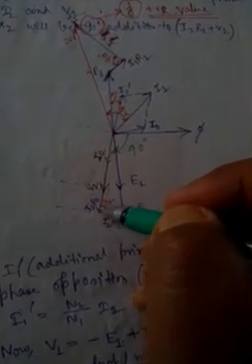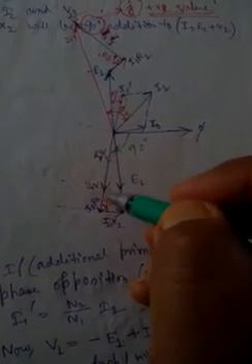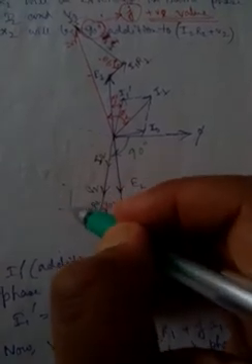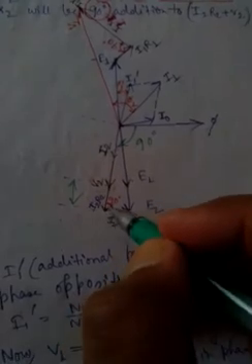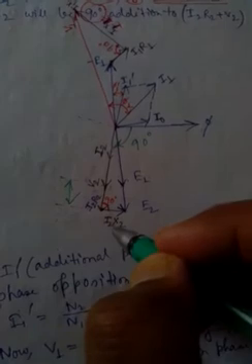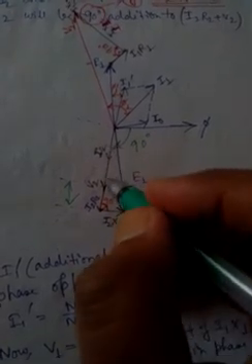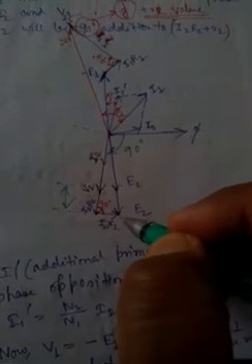I2 R2 is a resistive drop which will be in the same phase with I2, so it will overlap. So from the tip of V2 you draw I2 R2, this length. Then we have plus jI2 X2, the reactive drop. When it is plus j, it becomes 90 degrees. So this V2 plus I2 R2 plus jI2 X2 is nothing but E2.